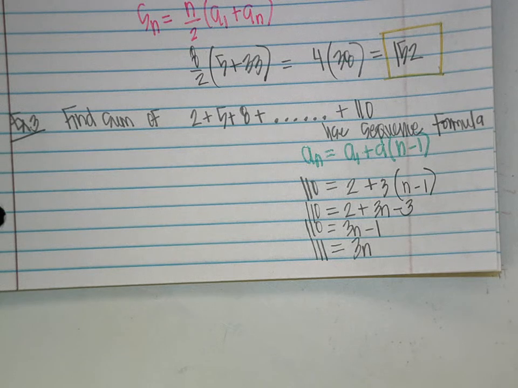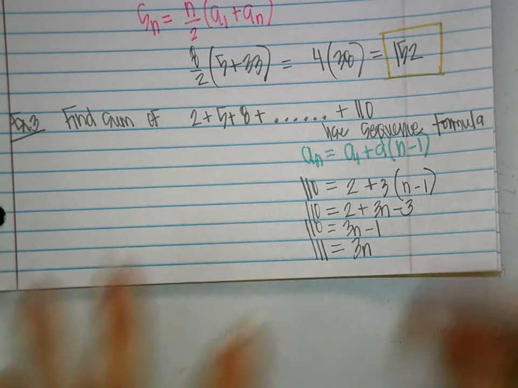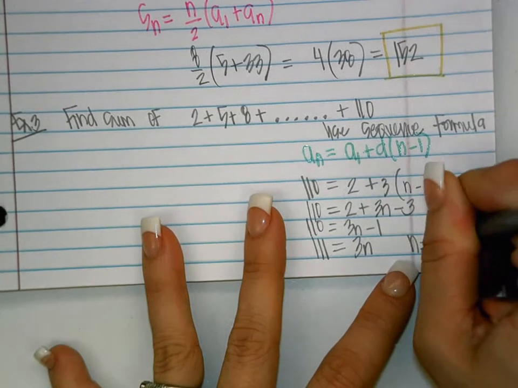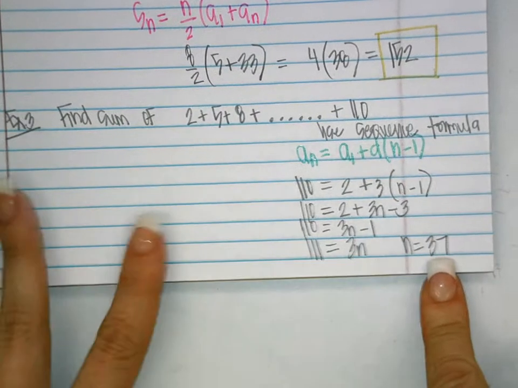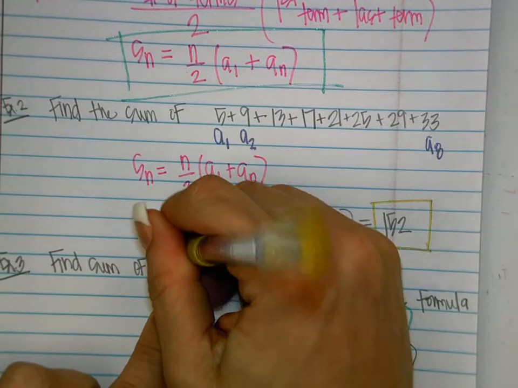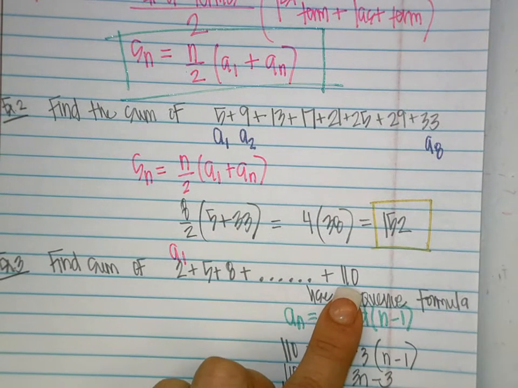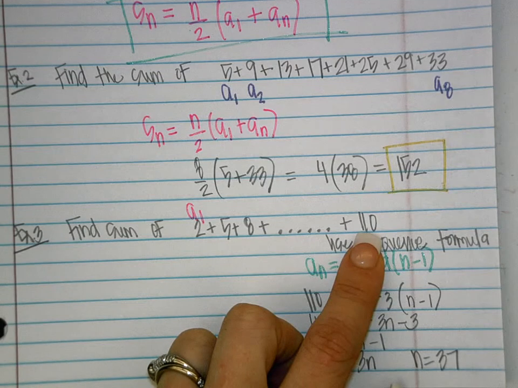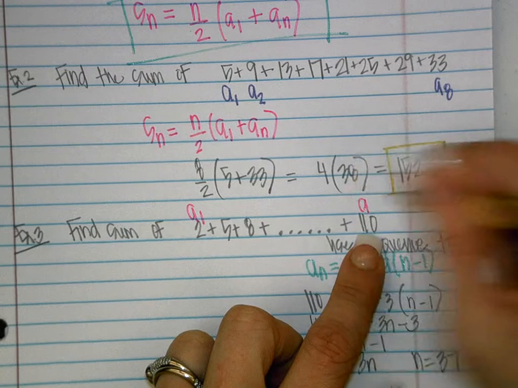Yes, it goes in evenly. 37 equals n. Now, if this is your A1, what term number is this? This is term 37.